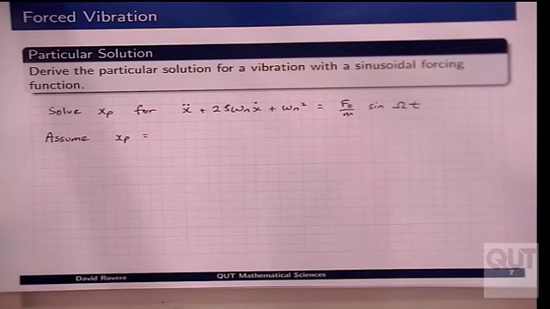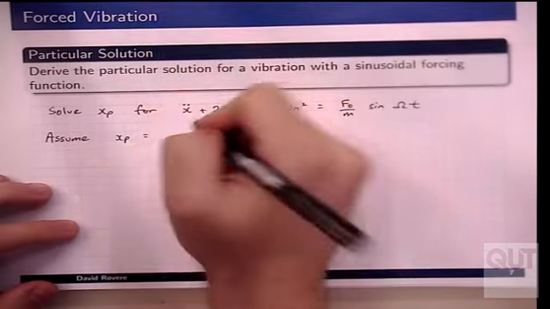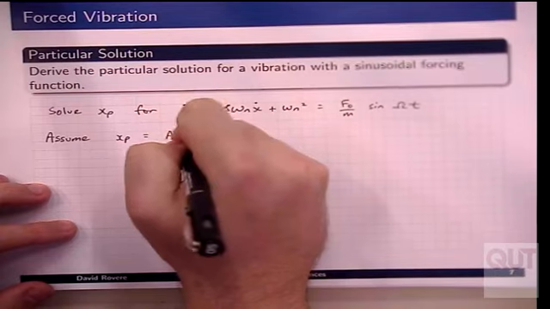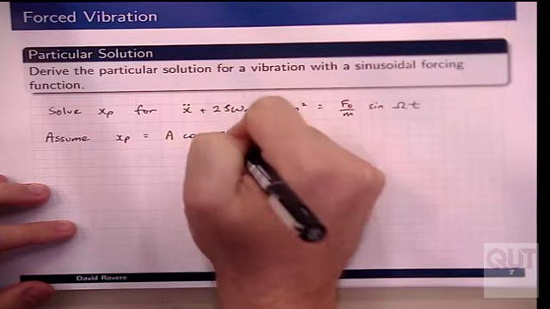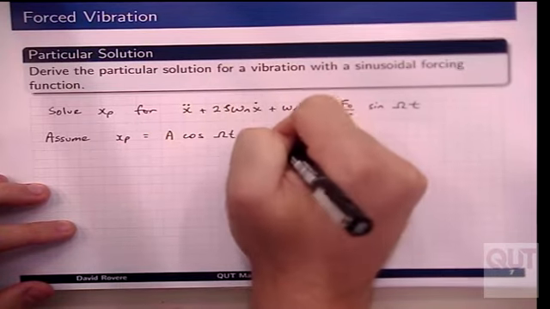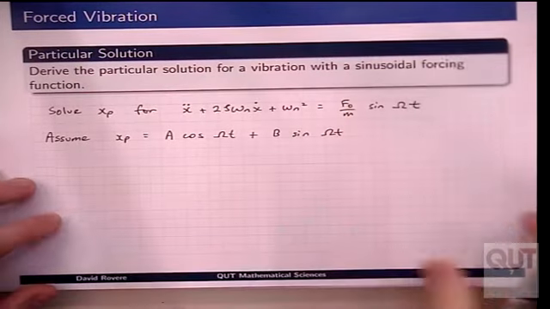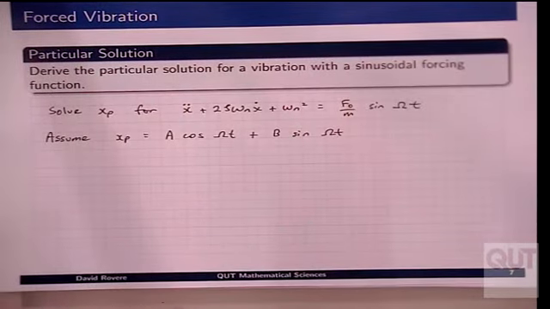But when we're mathematically molding this equation, it's going to be a bit easier to deal with it as a cos component plus a sine component. So let's say for now xp is a cos omega t plus b sine omega t. We know at the end of the problem we can convert that into a single sine function with a phase shift.